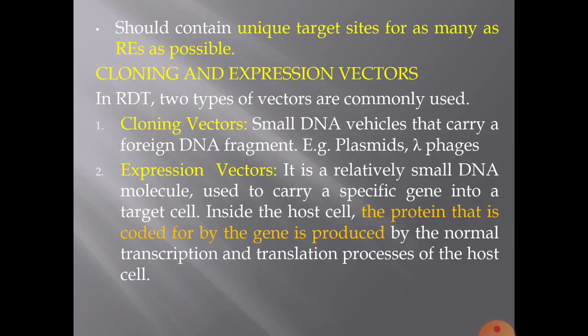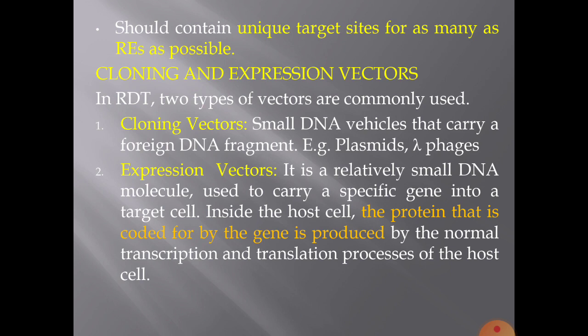And here the purpose of designing such a vector is just to propagate the DNA of your choice, like when you want multiple copies of the DNA insert. In such cases you will use cloning vectors. So the main purpose is propagation. Once you get multiple copies, you may use them for research, further studies and other things. Here expression is not the motto.